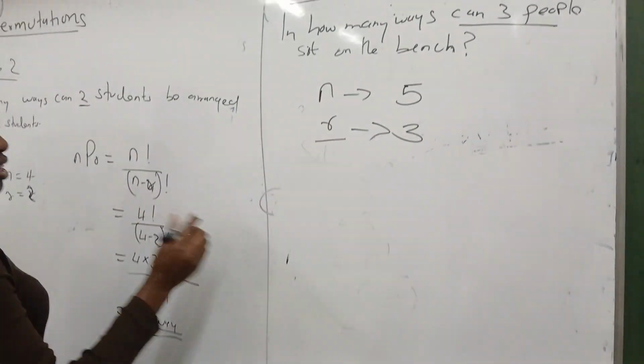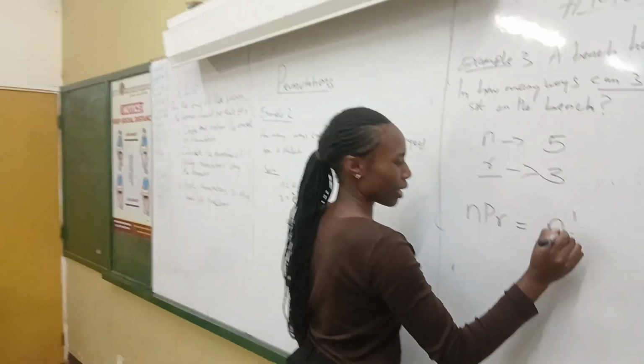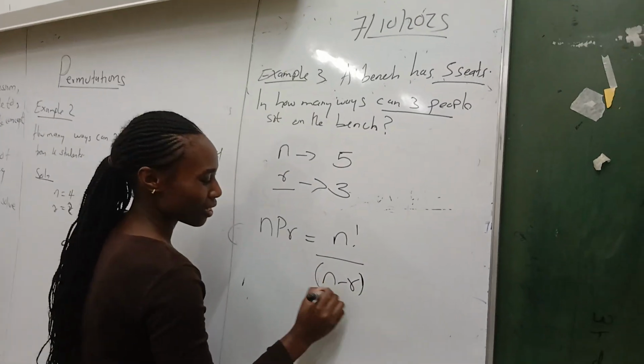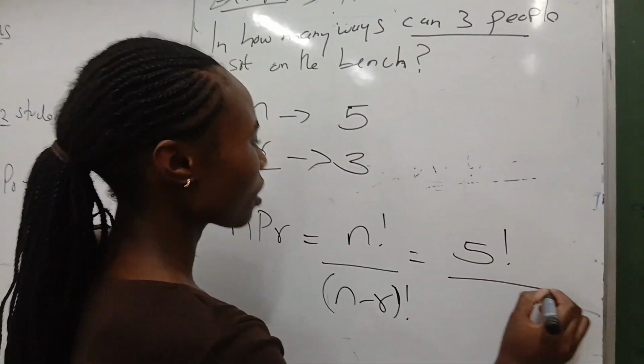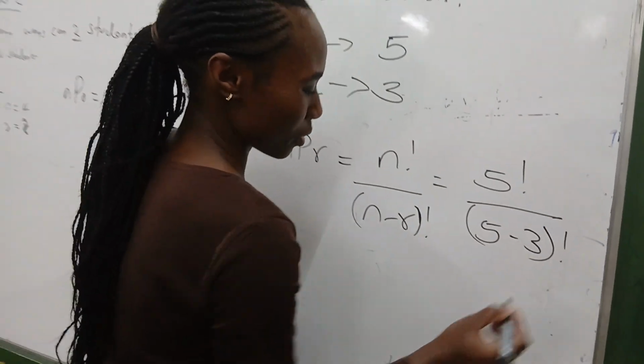Using the formula nPr is equal to n factorial over n minus r factorial, you replace and get 5 factorial over 5 minus 3 factorial.